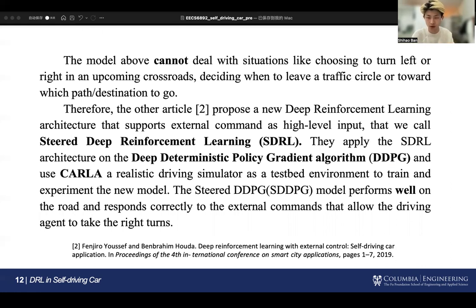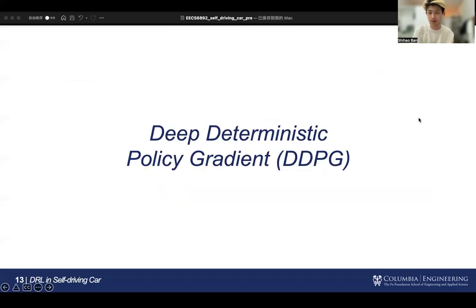And their conclusion is that the SDDPG model performs well on the road and responds correctly to the external command that allows the driving agent to take the right turns. Yeah, so let's just talk about the DDPG.